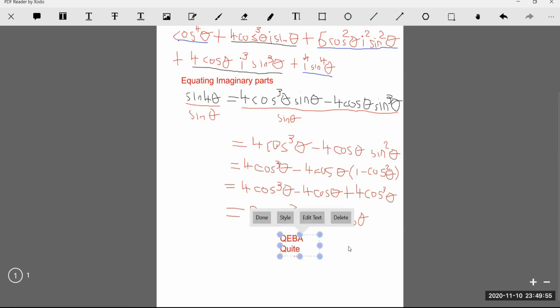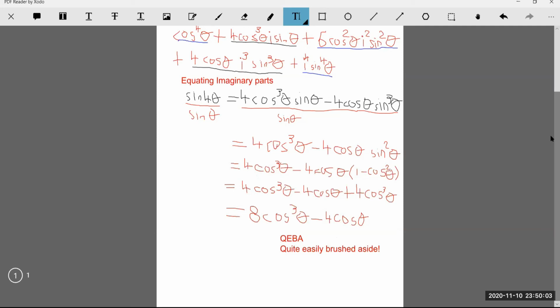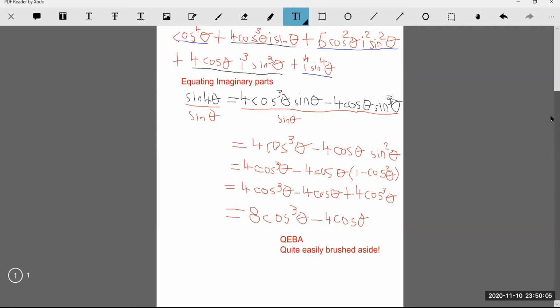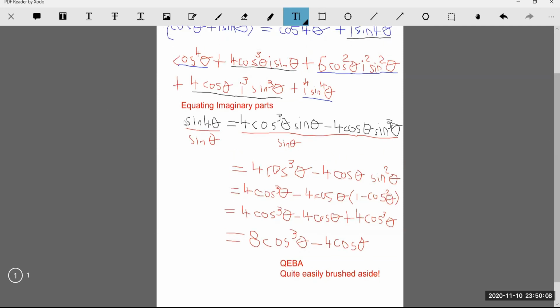All right, so now that we've completed this question, we're good with this now, right? Yes, sir. Very good. Now, what if they had asked you for cos 4 theta over cos theta? What would you do?